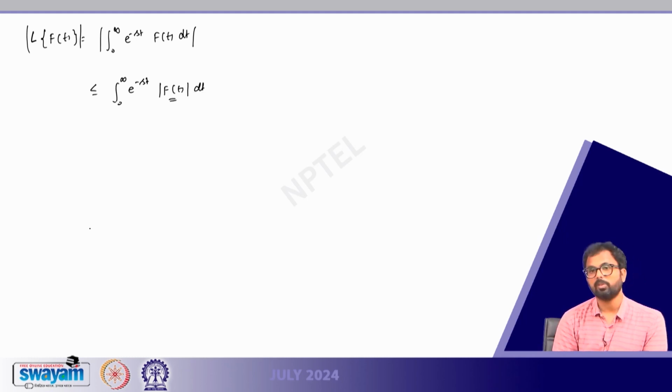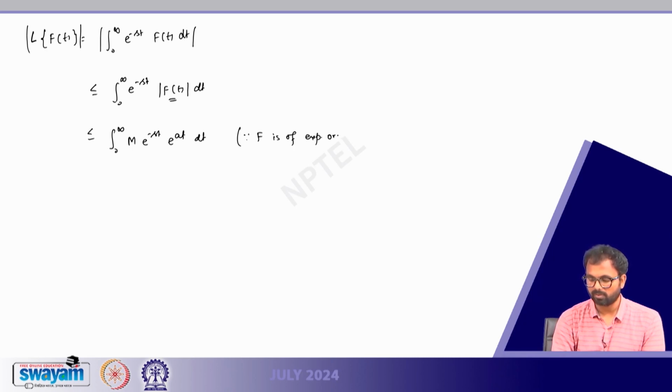But f(t) is of exponential order, that means we can write it as capital M e to the power at. It should be less or equal to capital M integral 0 to infinity e to the power minus st e to the power at dt, because f is of exponential order, right? So we have already defined this.